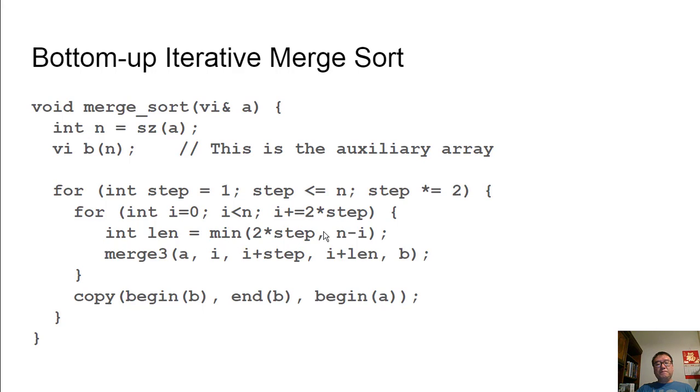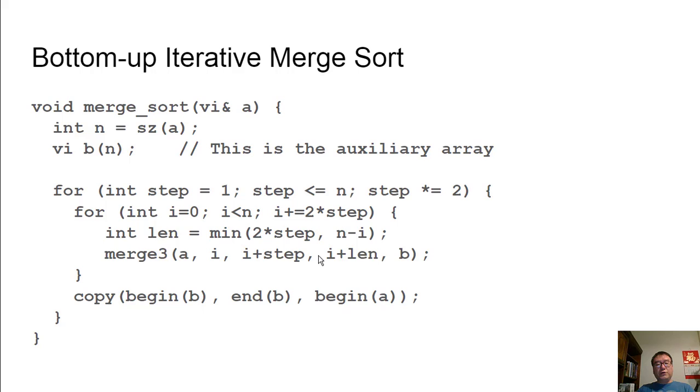And because at the last block, we may not have a full chunk, the last chunk may be less than the step size. Therefore, this len is computed as the min of 2 times step and n minus I. So we start at I, and we cannot go beyond n. So this is the maximum size if we are at the end of the array.